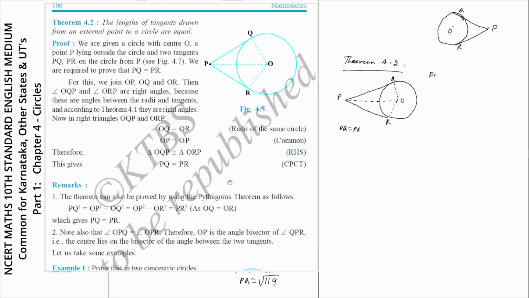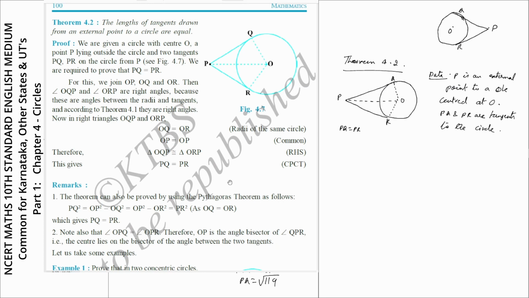Now I'll write the data. P is an external point to a circle centered at O. PQ and PR are tangents to the circle.